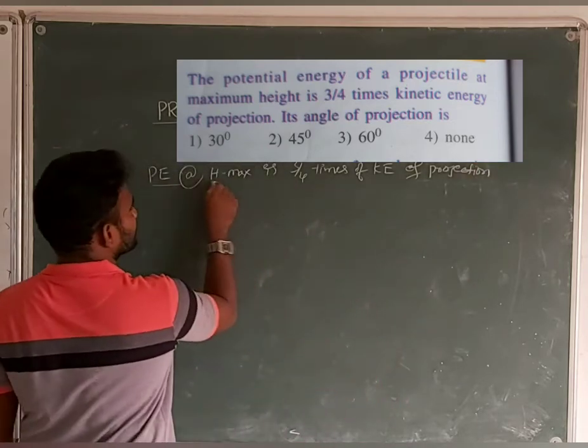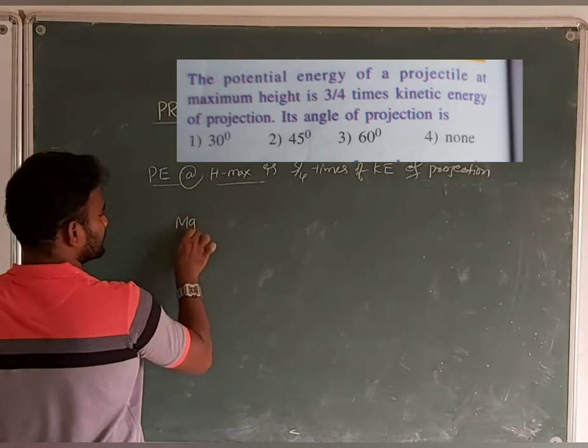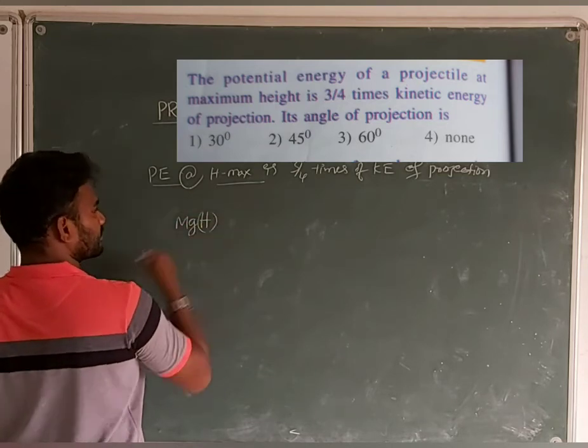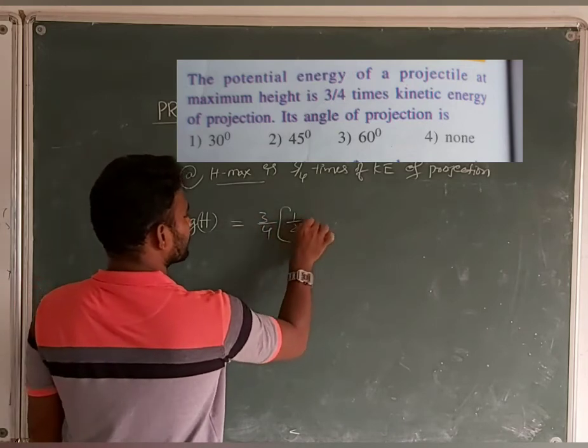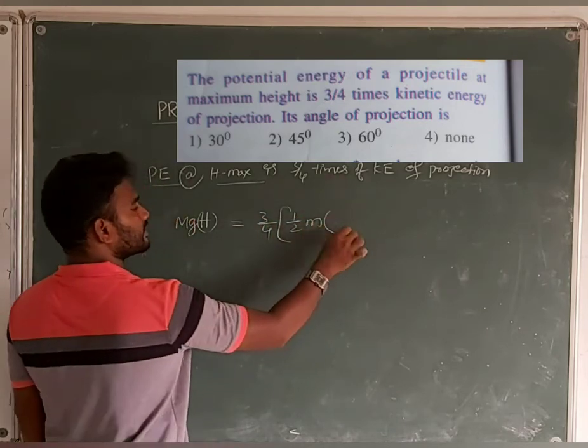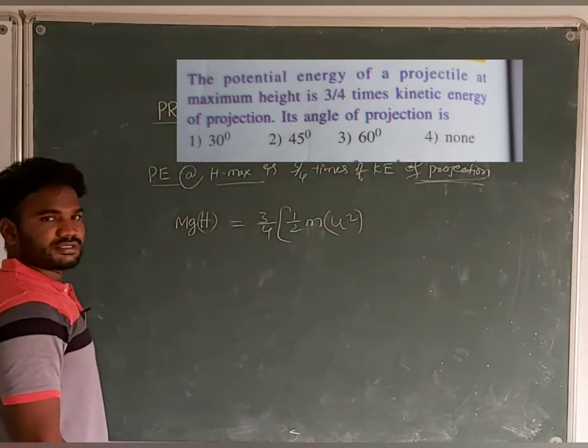First we need to know the potential energy at maximum height. Potential energy formula is mgh, where h means maximum height only, is equal to 3 by 4 of the kinetic energy formula, half m v square. V square means initial velocity square, because they said kinetic energy of projection.